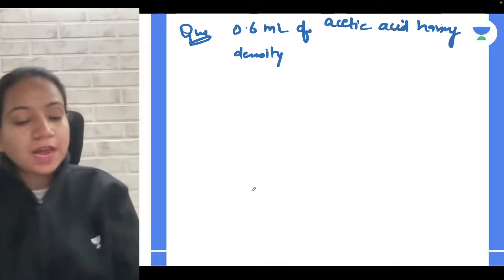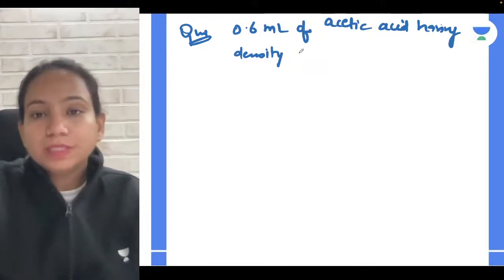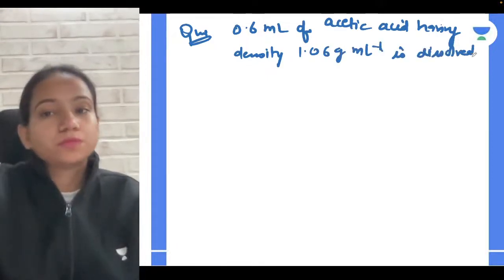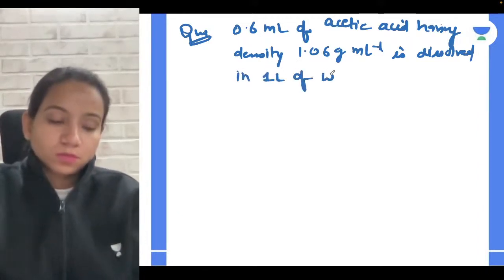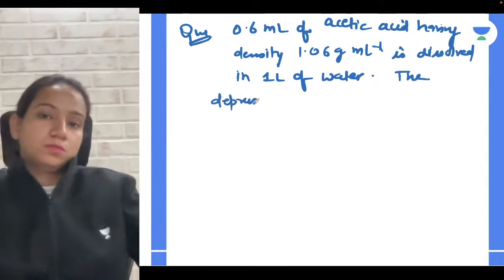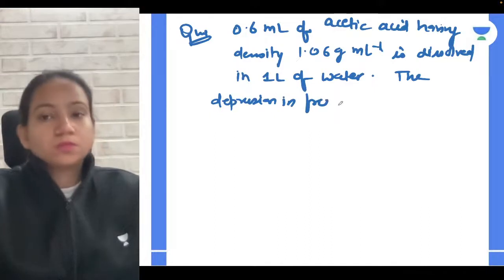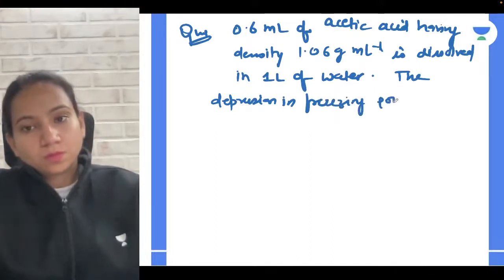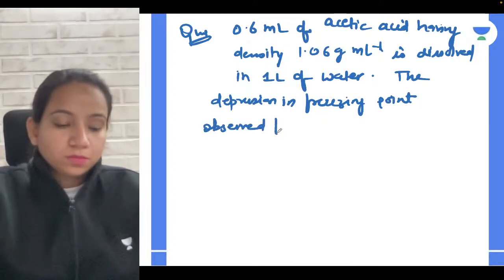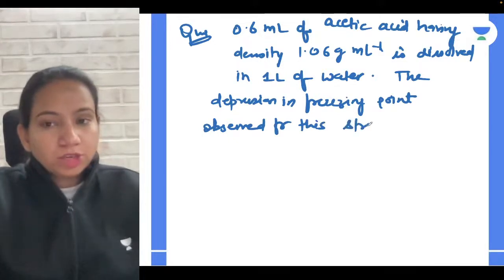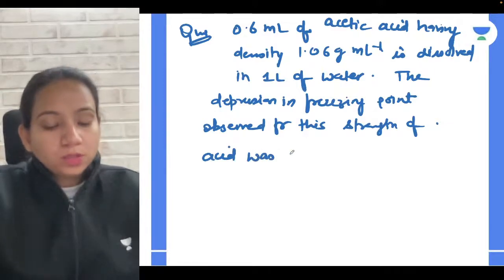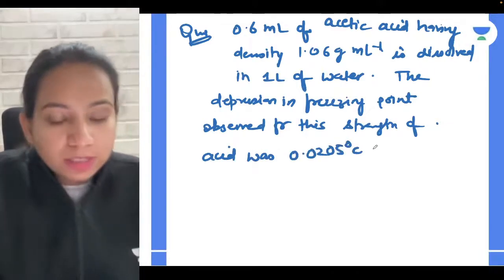0.6 ml of acetic acid having density 1.06 gram per ml is dissolved in 1 liter of water. The depression in freezing point observed for this strength of acid was 0.0205 degrees Celsius.